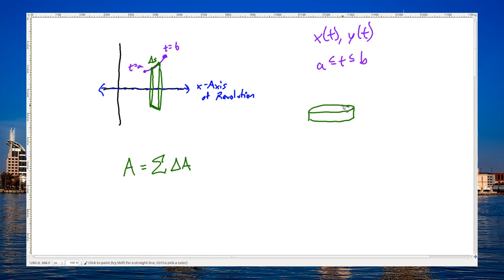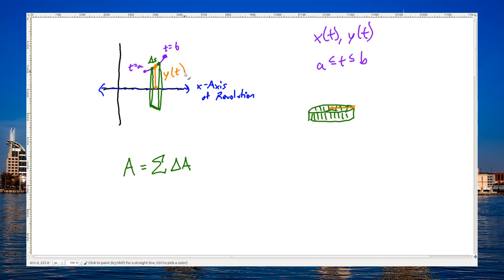All right, so now we've got this cylindrical shell, and I want to know the surface area on the front and on the back. What I could do is take advantage of the fact that I know the radius here. The radius from here to here comes from this height, and that comes from a point on the curve.